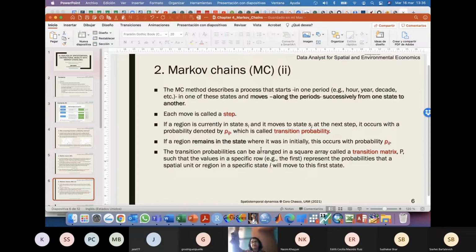But if a region is in state 2, the cell 1,2 is the probability that a spatial unit in 2 will move to first. So this is the way we should interpret this matrix, which is very important.